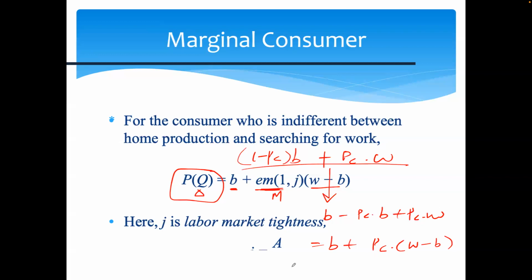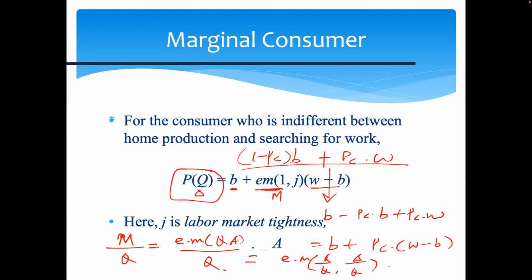PC is equal to this capital M divided by Q. But this is equal to E times M of Q and A, divided by Q. Now we are going to use the property we call constant returns to scale. So this is equal to E times M of Q divided by Q, A divided by Q.